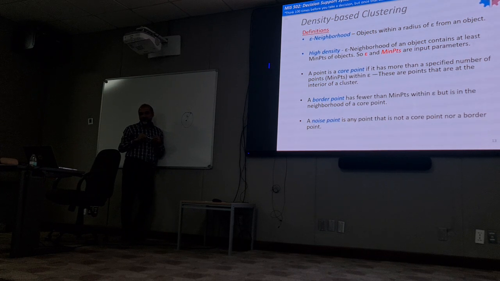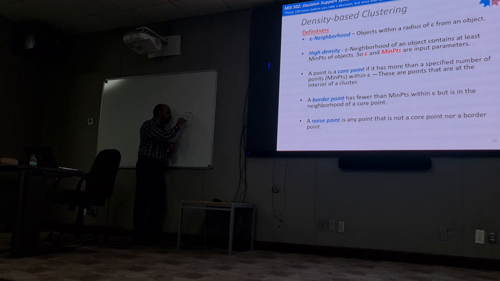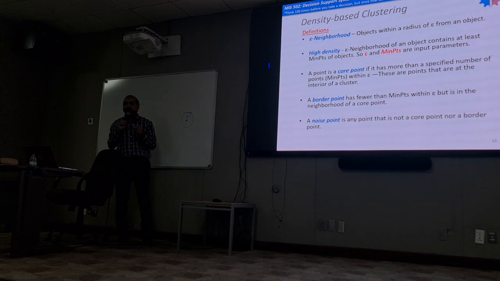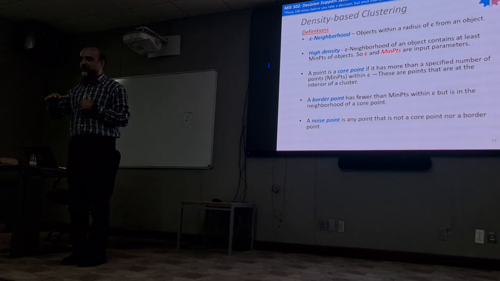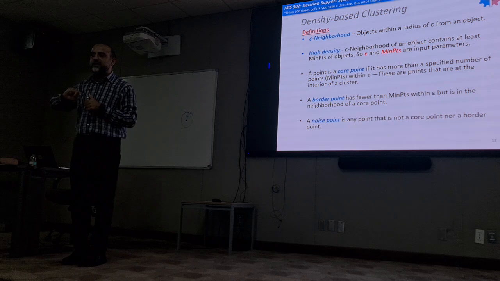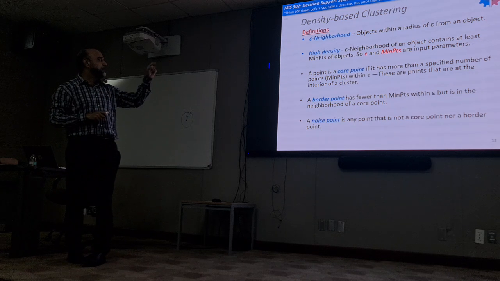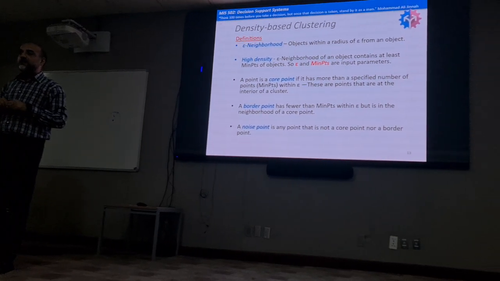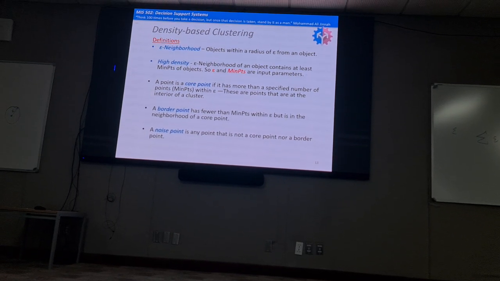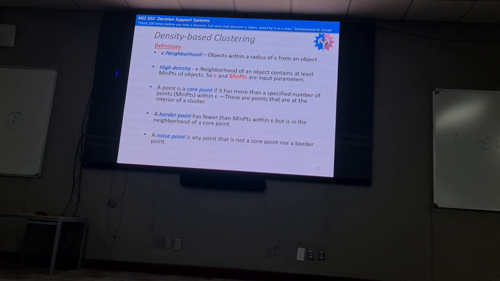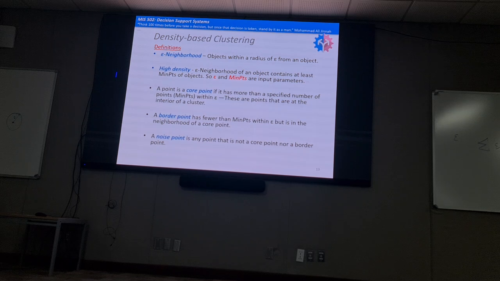From the center of the circle, or let's say for each object, I can draw a circle. Each object in my data, I can stand on that object and draw a circle of radius epsilon. How can I decide the border of the circle? We just decide the radius and draw. How?